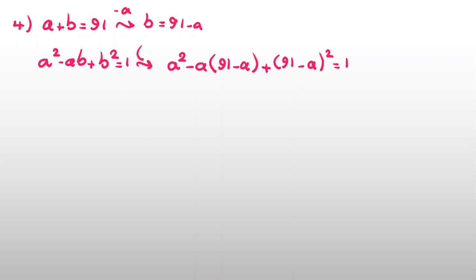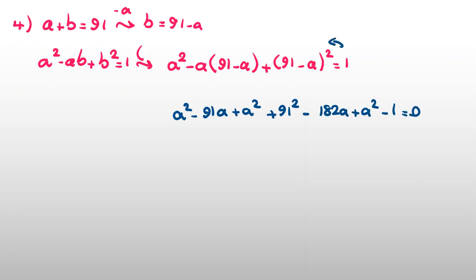So let's calculate this. It will be a squared minus 91a plus a squared plus 91 squared minus 2 times 91 times a plus a squared. Take 1 to the left hand side, negative 1 equals 0.